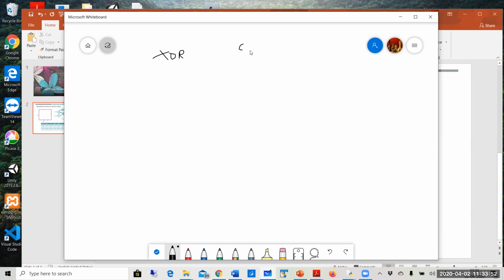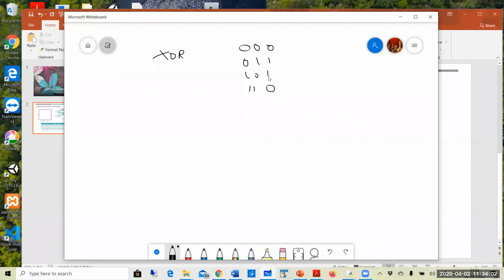For example, if it is XOR, what is the truth table? 0 0 0, 0 1 1, 1 0 1, 1 1 0, right? So this is X1, X2, and Y. When it is 0 and 1, this is your answer.